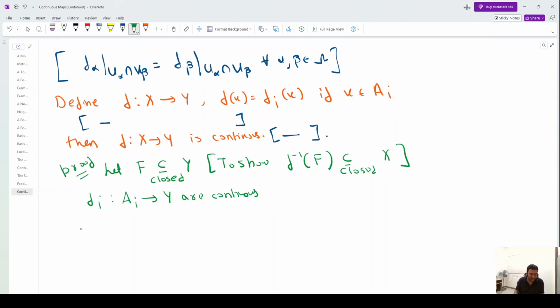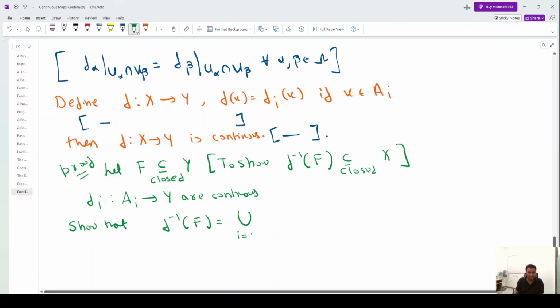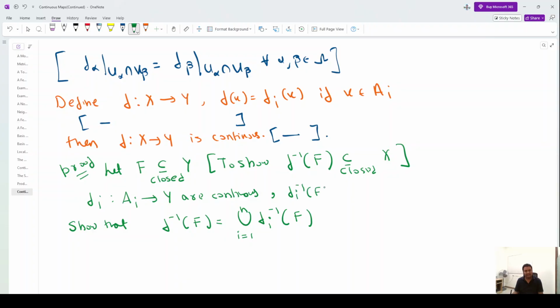What you have to show, this is easy, you can show, is that f inverse of F is nothing but the union from 1 to n of f_i inverse of F. Since these are continuous, f_i inverse of F, what is it? These are closed in A_i.